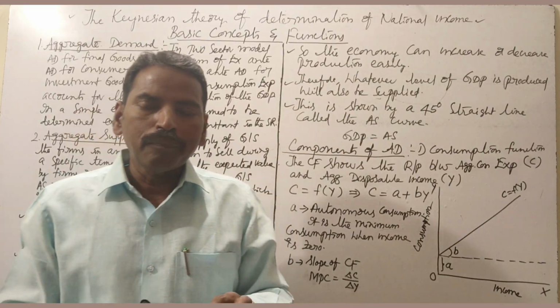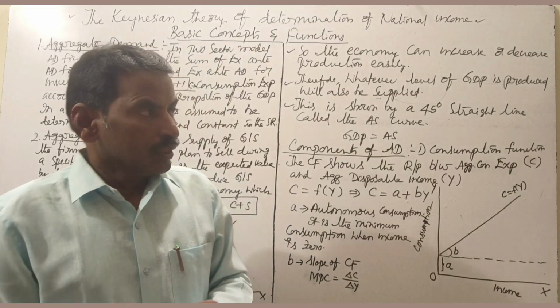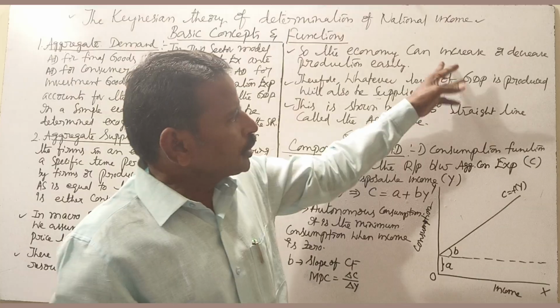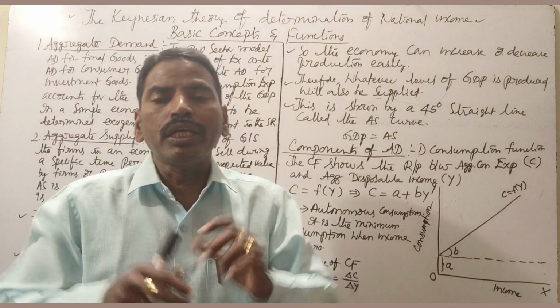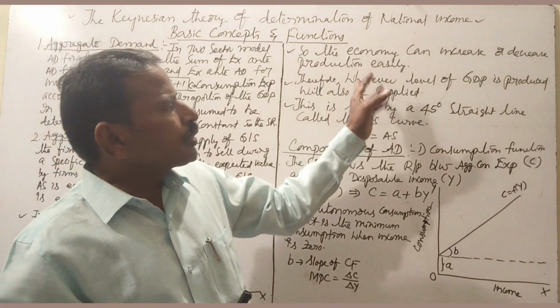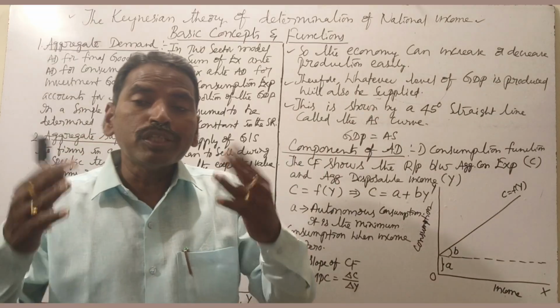When there are unused resources in the economy, as a result the economy can increase or decrease production easily. Therefore, whatever level of GDP is produced will also be supplied.